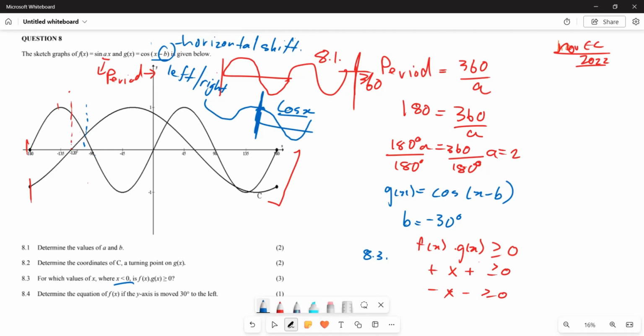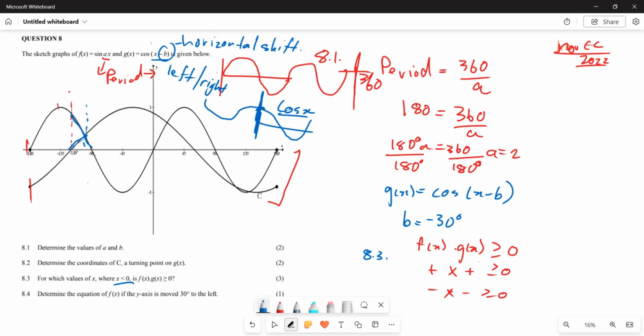Now both of these graphs, the graph starting from here and the graph moving this way, are going to be greater than 0, right? They are greater than 0, but the other one is decreasing, going downward, and the other one is increasing, going upward.